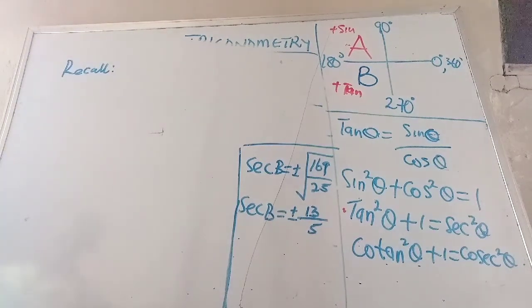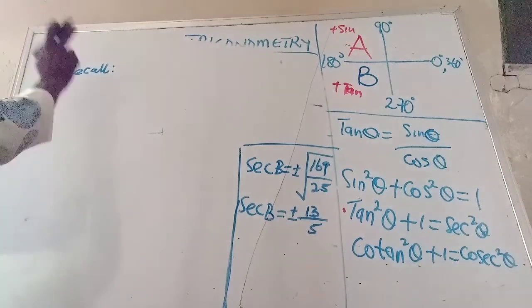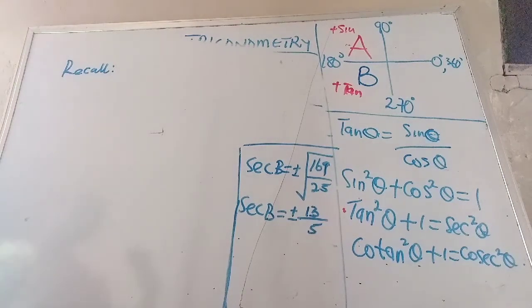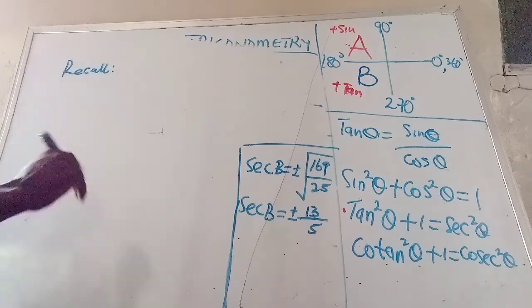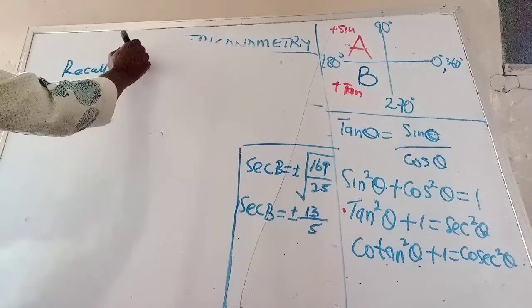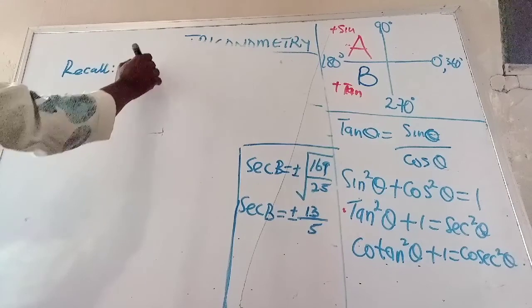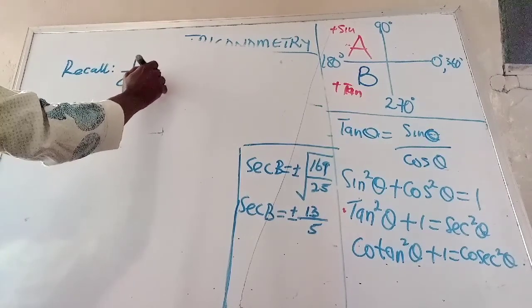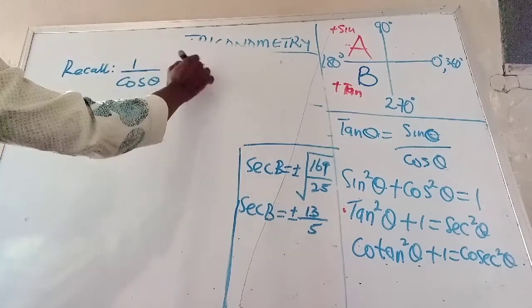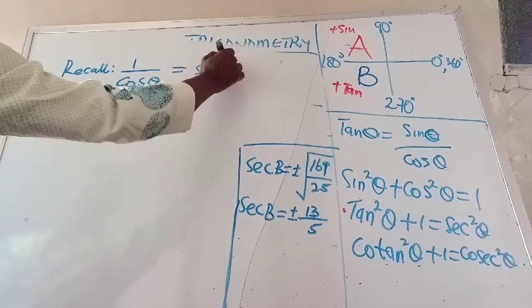In one of the previous episodes on this trigonometry, I gave you 6 trigonometric ratios. One of them says 1 over cosine of theta will give you secant theta.